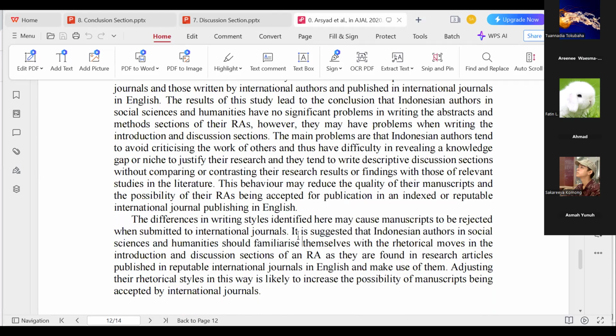It is suggested that Indonesian authors in social sciences and humanities should be familiar with the rhetorical moves in the introduction and discussion section of a research article, as they are found in research articles published in reputable international journals in English, and make use of them.